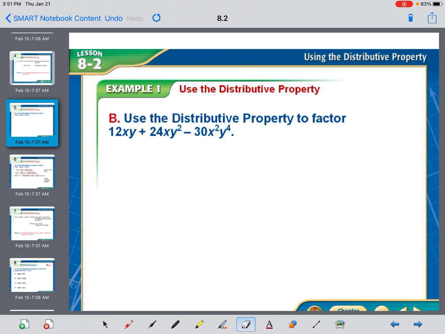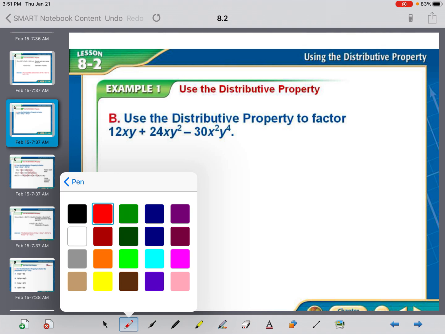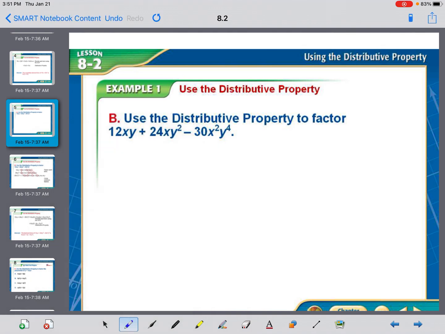Moving along. Is this a trinomial? Yes, it is. So we want to use the distributive property to undistribute the greatest common factor from this trinomial. So we got to look at each of these three terms, look at the numeric parts, and look at the algebraic parts, and determine the GCF.